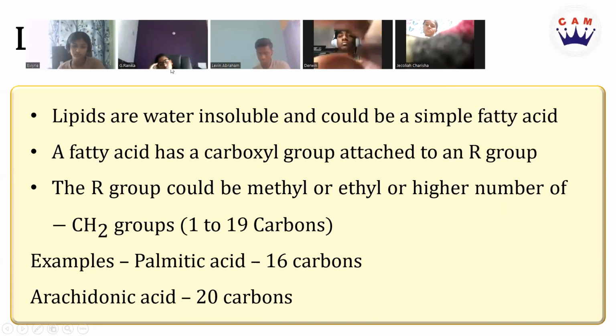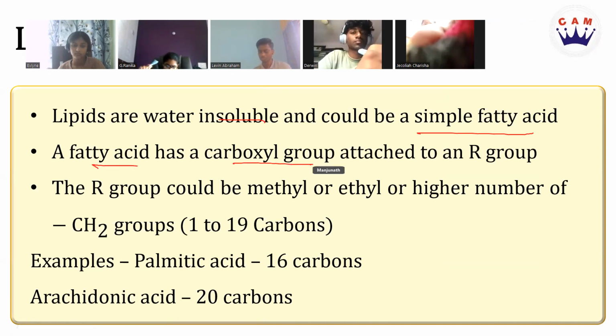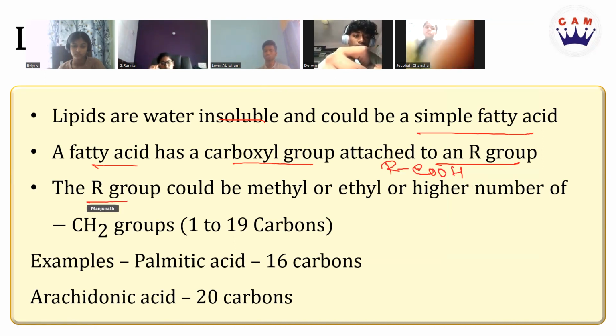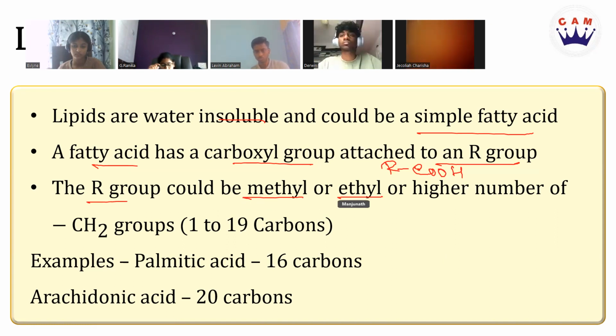Lipids are water insoluble and could be a simple fatty acid. A fatty acid has a carboxyl group and an R group, that is R COOH. R group could be methyl, ethyl, or whatsoever from carbon number 1 to 19.